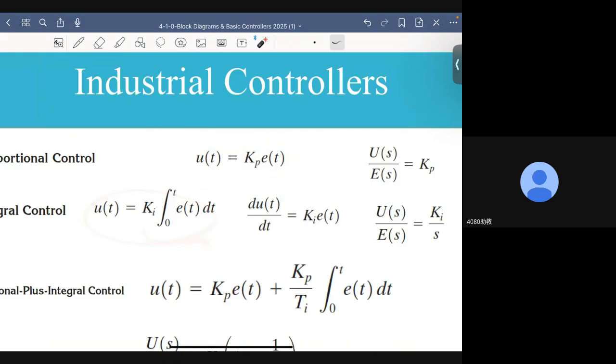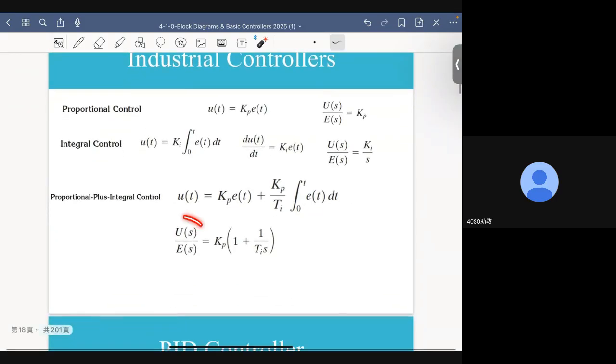By contrast, integral control relies on the entire history of the control process, right? When I say entire history, it's not from the beginning to the end. I mean from the beginning to the present time, all right?